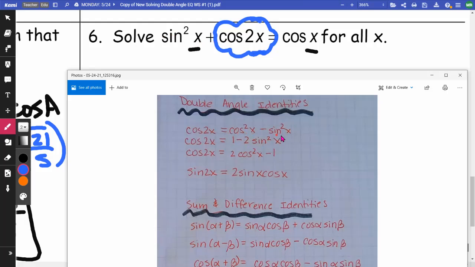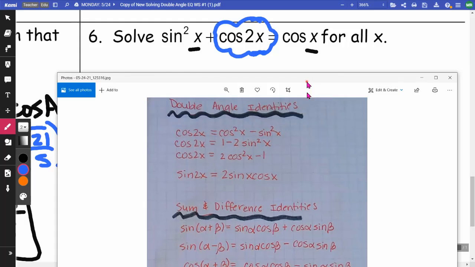So here's cosine squared minus sine squared. So if I put a cosine squared minus sine squared, my sine squareds are going to cancel out. This is a 2 sine squared. This is a sine squared. So I would say you could either use the first one or the second one. Okay.